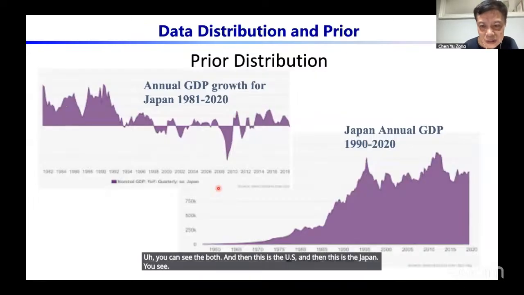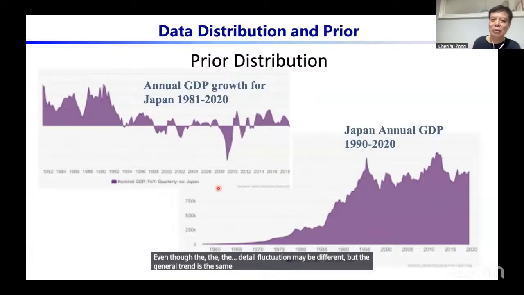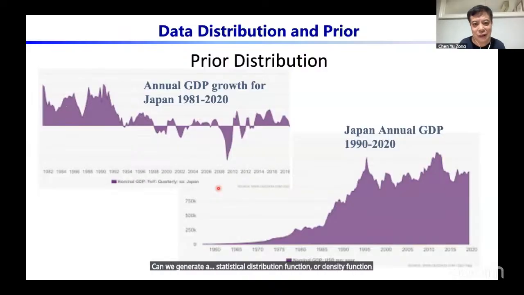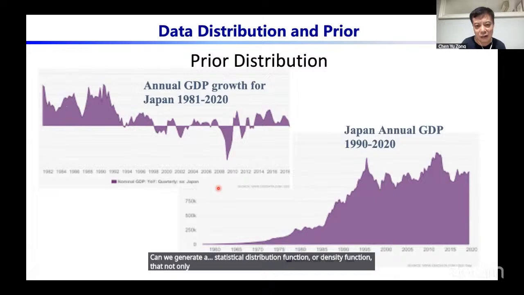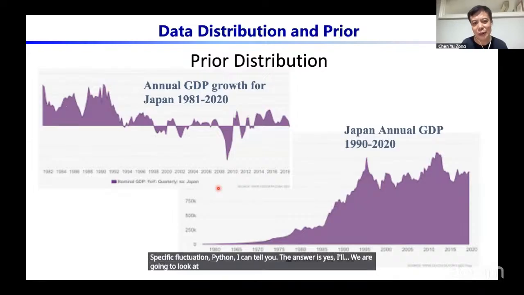Even though the detailed fluctuation may be different, the general trend is the same. Of course, this raises a question: can we generate a statistical distribution function or density function that not only can account for the specific shape, but also can account for this kind of specific fluctuation pattern? I can tell you the answer is yes. We are going to look at how we do that later on.